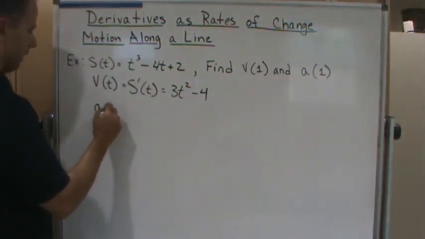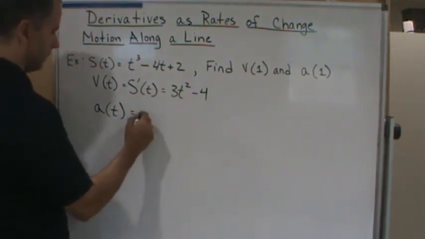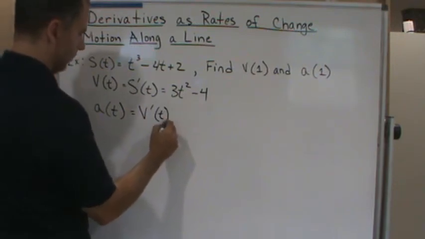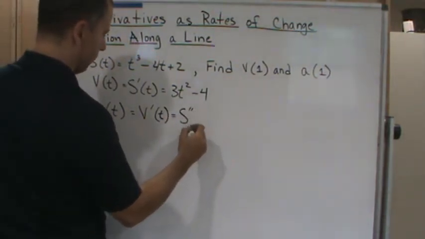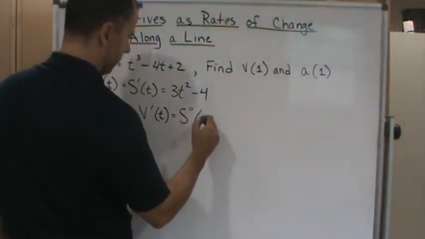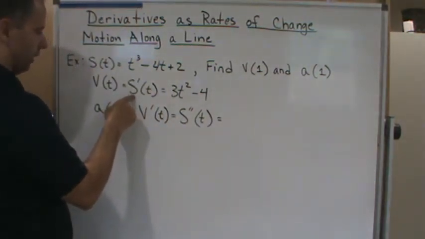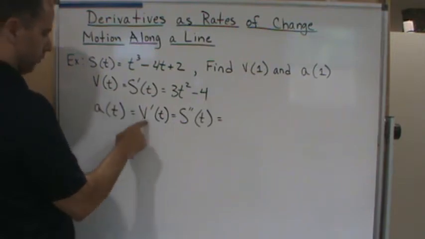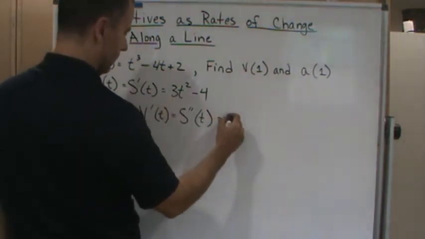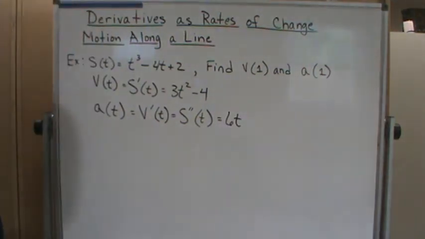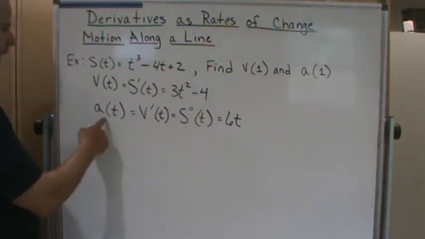And then a of t is equal to, well, v prime of t, which is equal to s double prime of t. So now we're going to take the derivative of v. So the derivative of v is what? 6t.